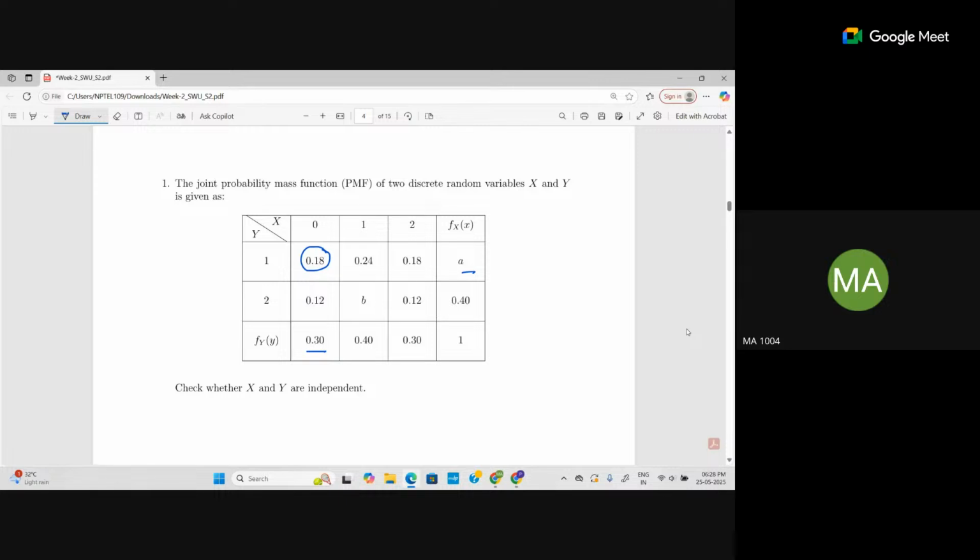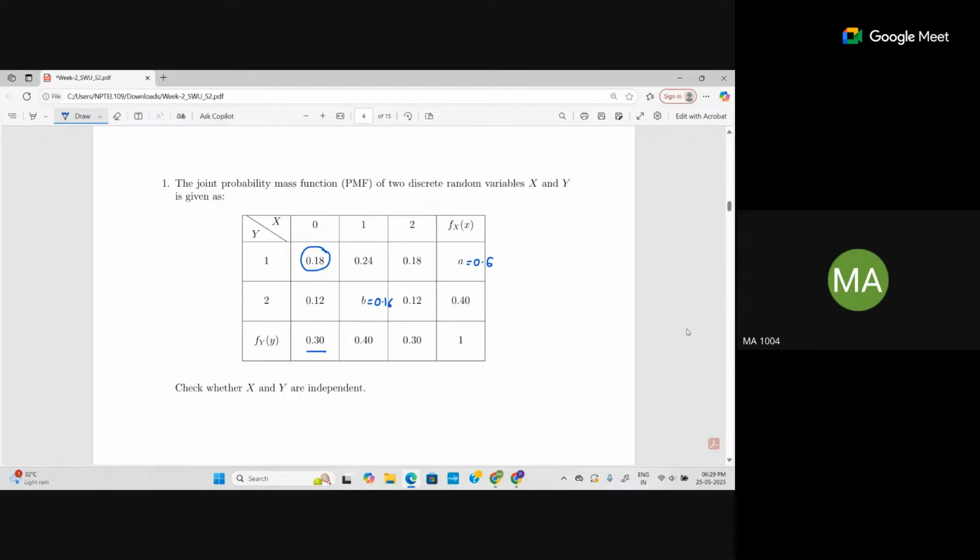So first of all, we have to calculate these values a and b, right? So what will be the value of a and b? The value of a is 0.18 into 3 plus 0.18 into 1, so a will be equal to 0.6, and b will be equal to 0.16.